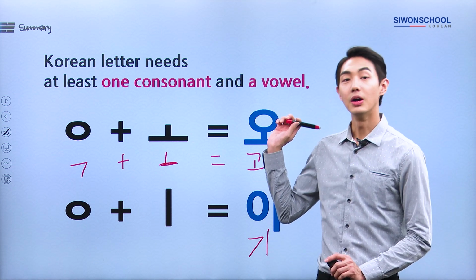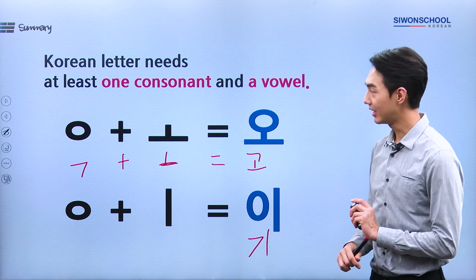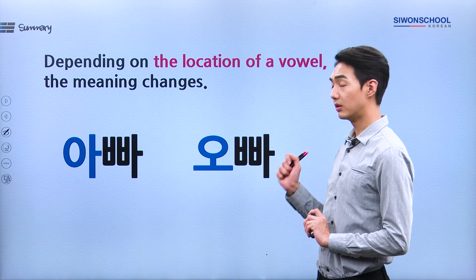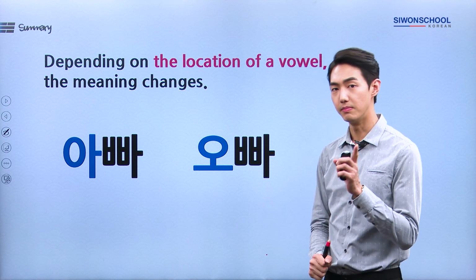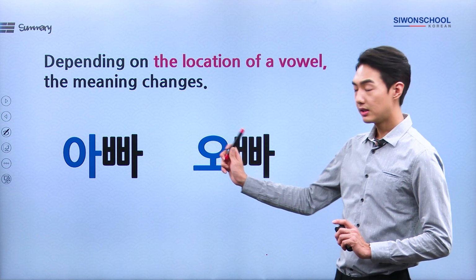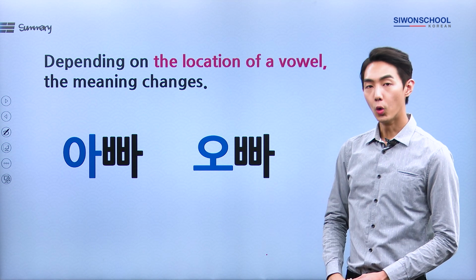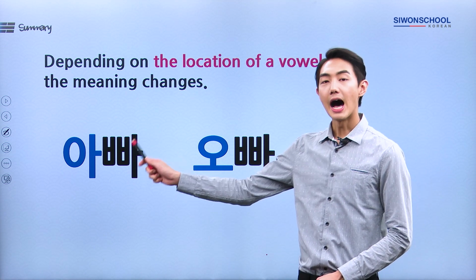Make sure to put one consonant and one vowel to form a letter. All right? So, depending on the location of the vowel, the meaning changes. Kind of similar, right? This was what? A. And this was what? O. Right? This is 아빠.